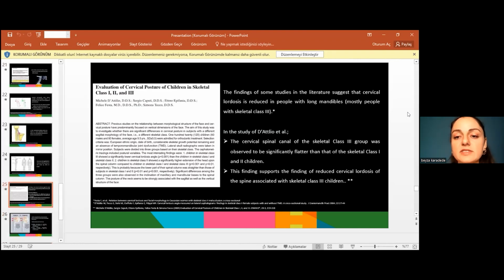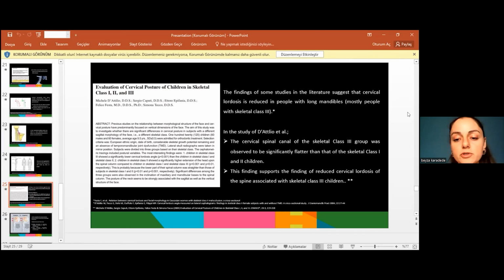The findings of some studies in the literature suggest that cervical lordosis is reduced in people with long mandibles, mostly people with skeletal class 3 malocclusions. In the study of Deatolo et al., the cervical spinal canal of the skeletal class 3 group was observed to be significantly flatter than that of skeletal class 1 and class 2 children.